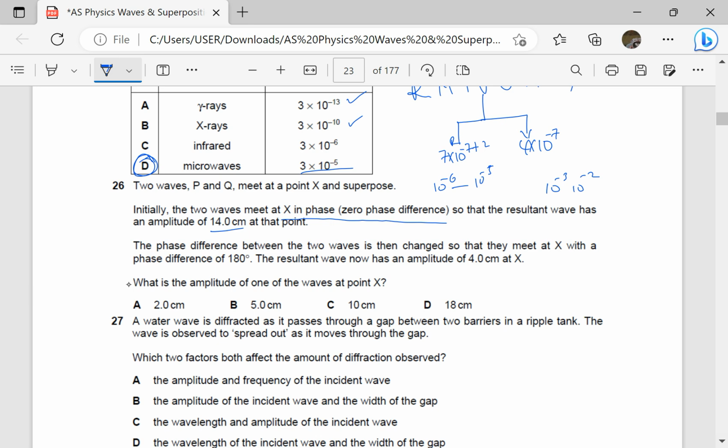The phase difference between the two waves is then changed so that they meet at X with a phase difference of 180 degrees. The resultant wave now has an amplitude of 4 centimeters at X. What is the amplitude of one of the waves?